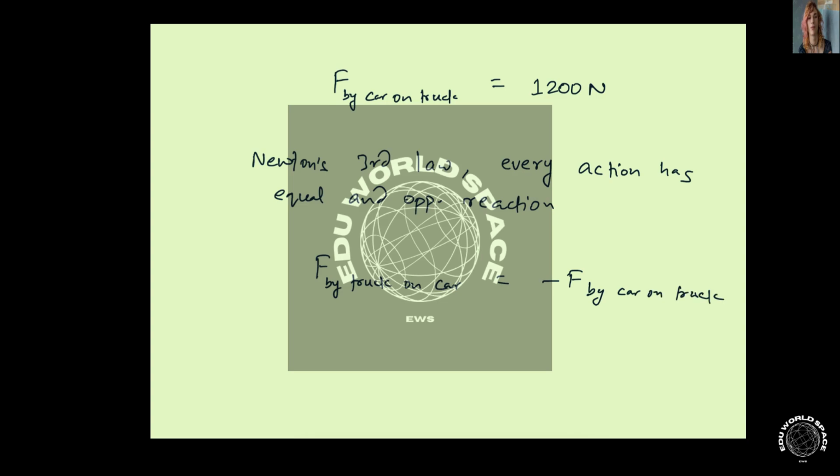The negative sign indicates the opposite direction of the force. So force by truck on car will be minus 1200 Newton. This shows that the force is opposite to the force by the car on the truck.